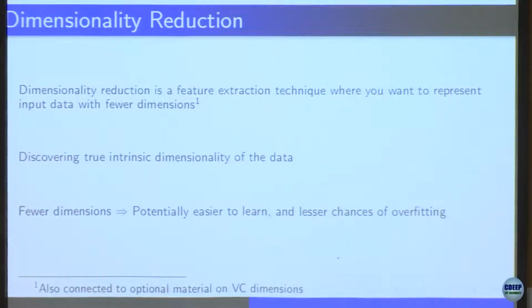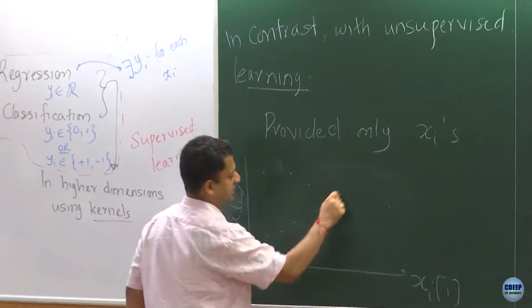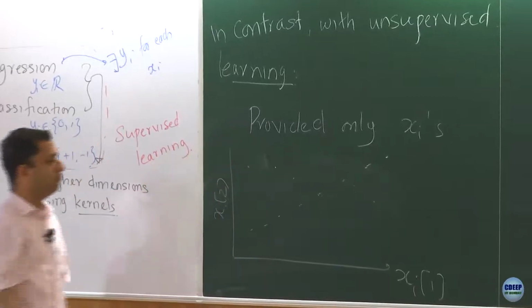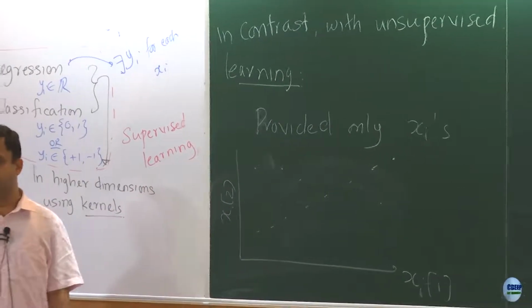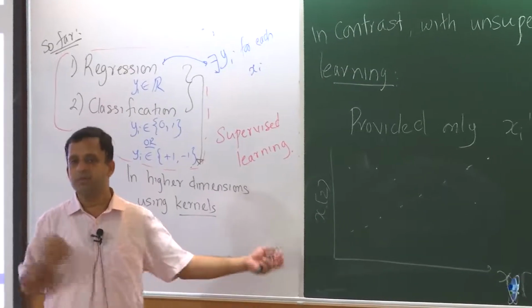So dimensionality reduction is one feature extraction technique which says, well, if your data could be represented with fewer dimensions, and thereby subscribing to Occam's razor, why not? I don't need x1, x2 for this. Somebody said, well, if x1 equals x2, I just pick one of them.